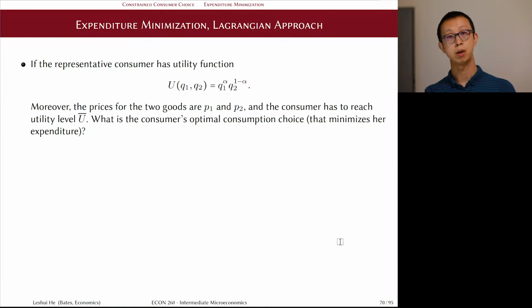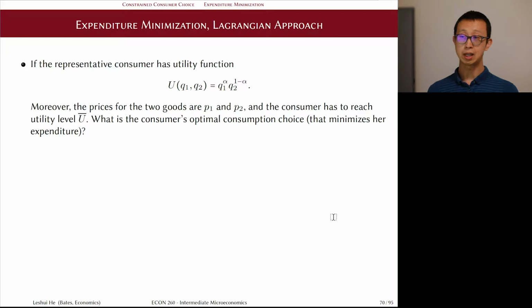Now, just like before, we assume in this model that we have a consumer whose preferences can be represented by a Cobb-Douglas utility function. The prices for the two goods are P1 and P2, which the consumer cannot influence. And the consumer's choices in quantities must deliver a minimum utility level of U bar. The question is, how does the consumer choose these quantities in order to minimize the expenditure?